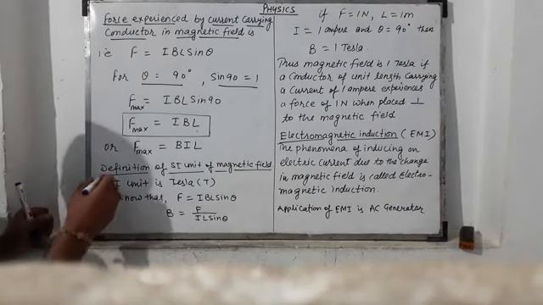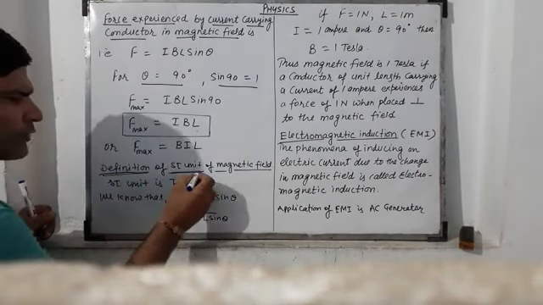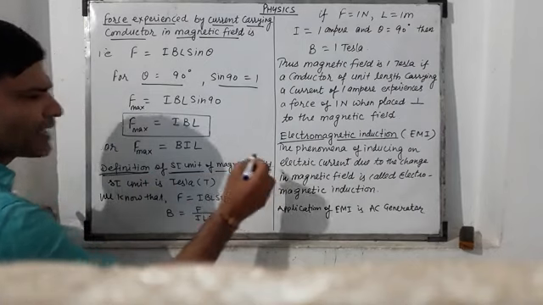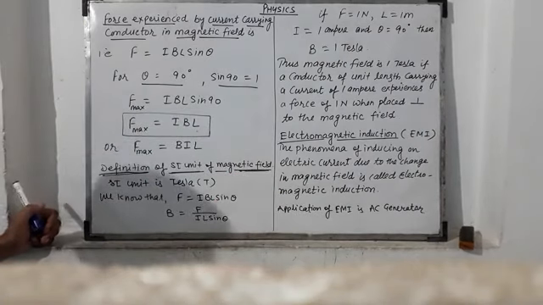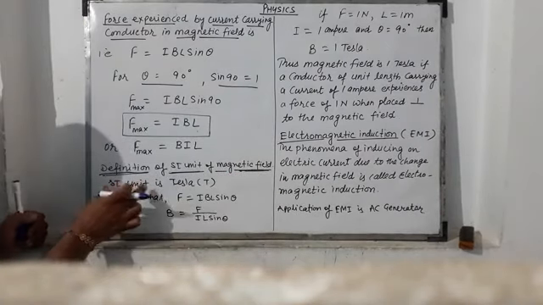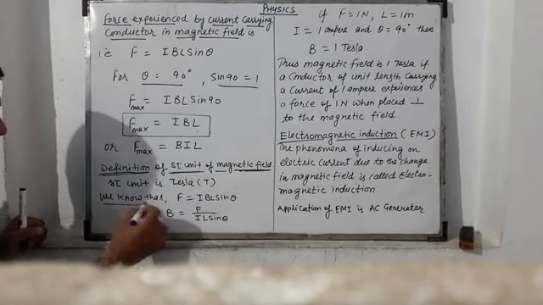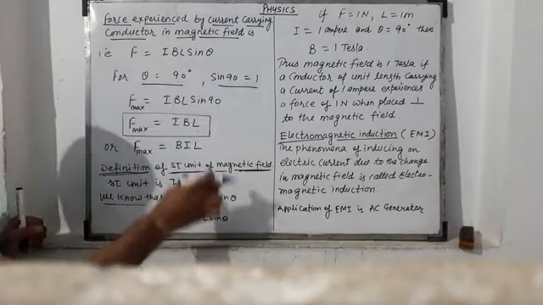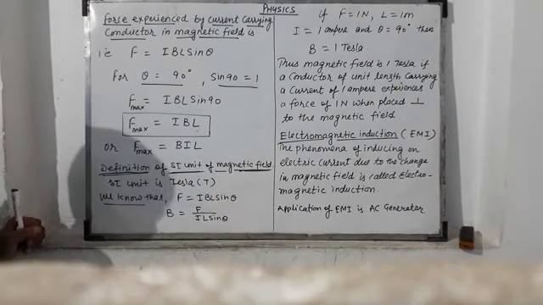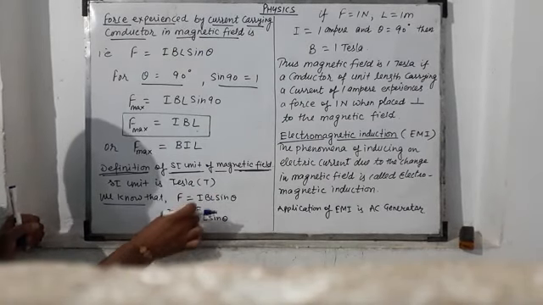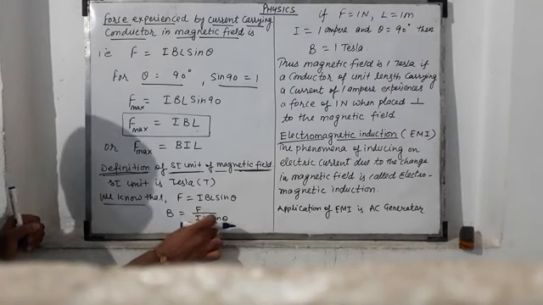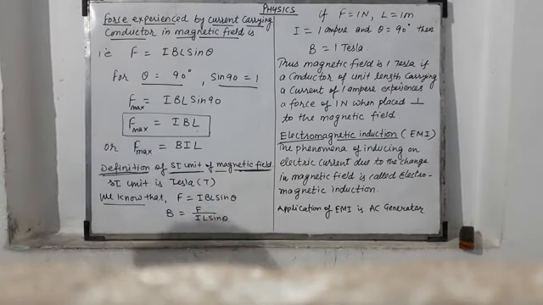Now the definition of the SI unit of magnetic field. What is the SI unit of magnetic field? This is Tesla. For this we know that F is equal to IBL sin theta. Now B is equal to F upon IL sin theta.